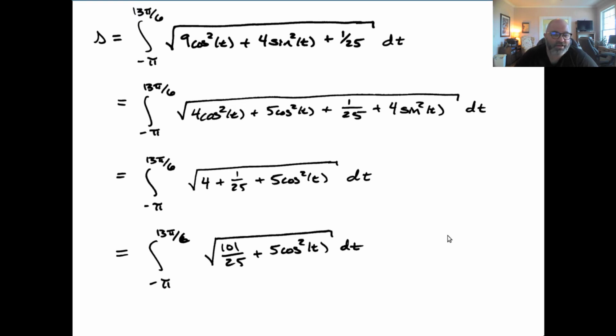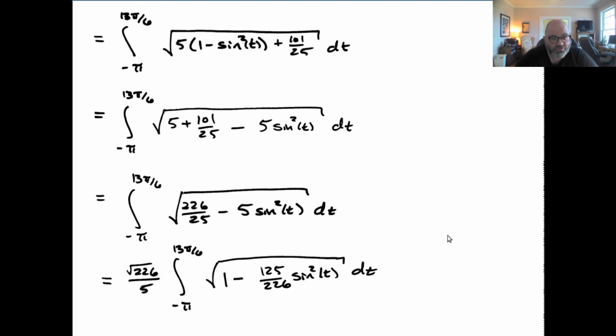Still not incredibly nice to deal with, but if we transform it a little more, we plug in 1 minus sine squared for our cosine squared, distribute that 5, and combine the constants together. We end up with an expression of 226 over 25 minus 5 sine squared.